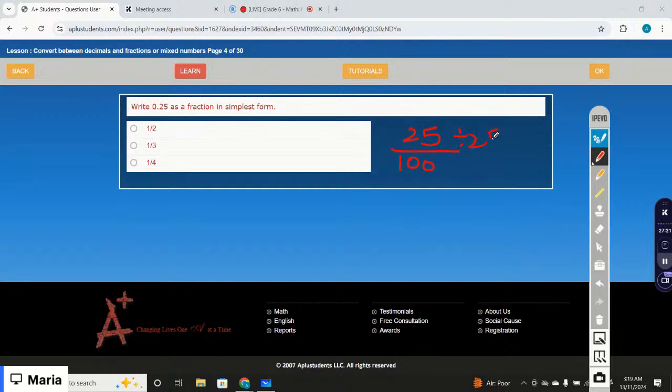Divide by the common factor, that is 25. 25 times 1 is 25. 25 times 4 is 100.